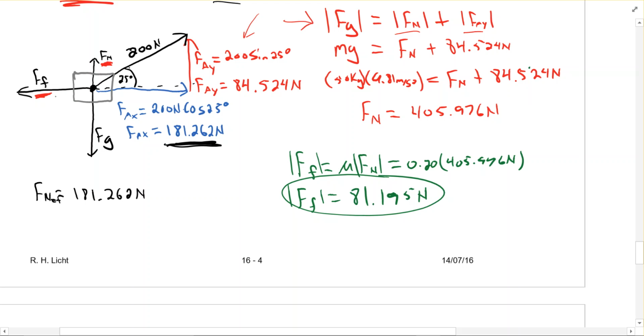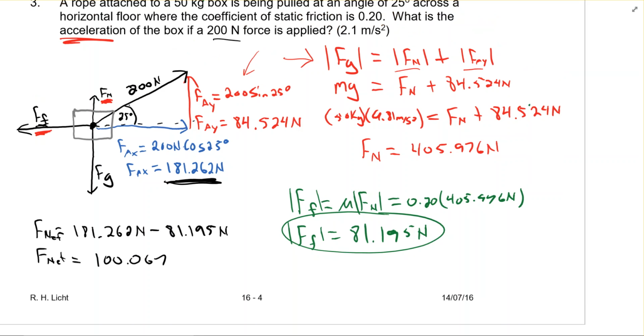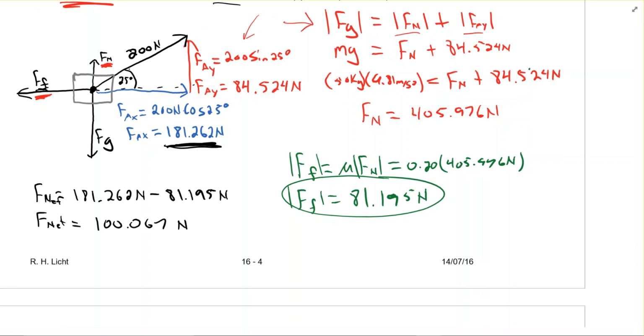And I'm going to subtract the force of friction, because I want to figure out what the net force is between those. So I'm going to subtract 81.195 newtons. So the net force is 100.067 newtons. Okay, we're almost there, I promise.